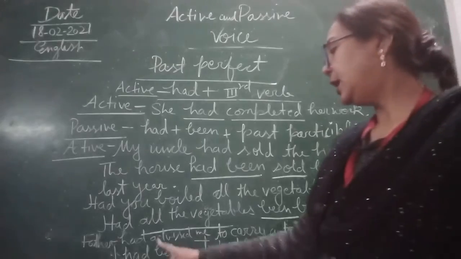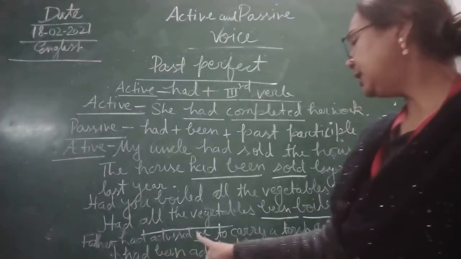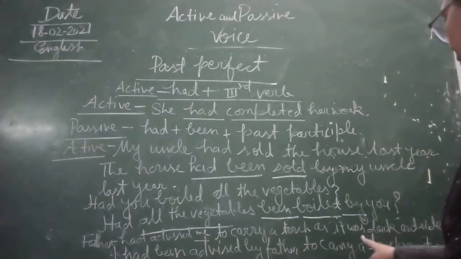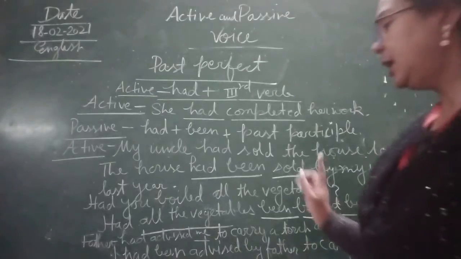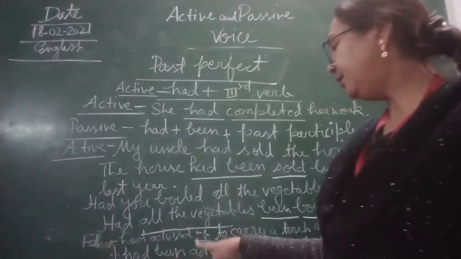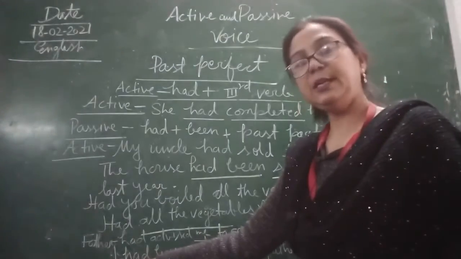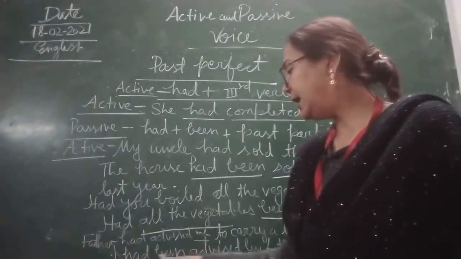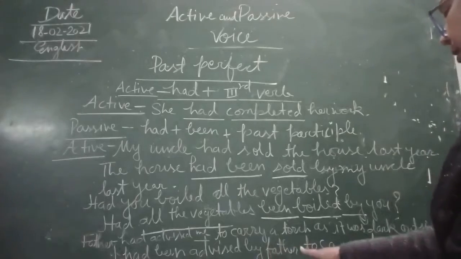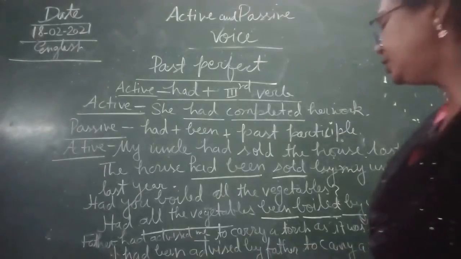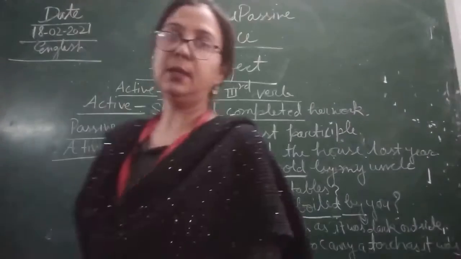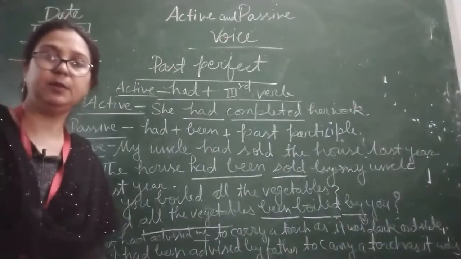And here, father had advised me to carry a torch as it was dark outside. Now in place of "me," I have started the sentence in passive voice: I had been advised by father to carry a torch as it was dark outside. So it is simple, children.